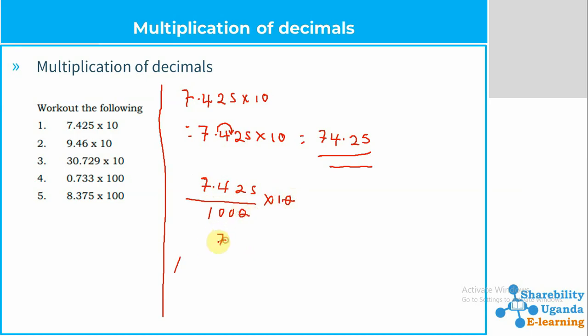We remain with our 74.25. Then we divide by what? We divide by 100. So when we divide this by 100, we shall still get our 74.25. That is how we solve out these numbers.